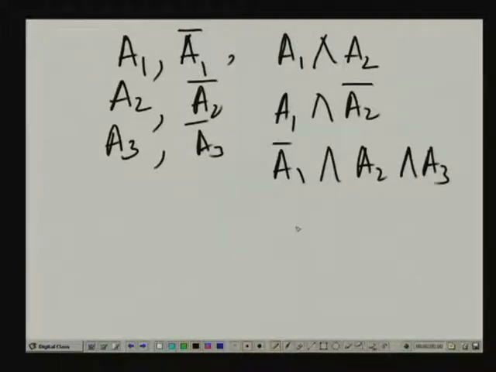We can find out the number of such hypotheses. These are the possible hypotheses, and we want to find one member of this hypothesis space that fits our training examples.